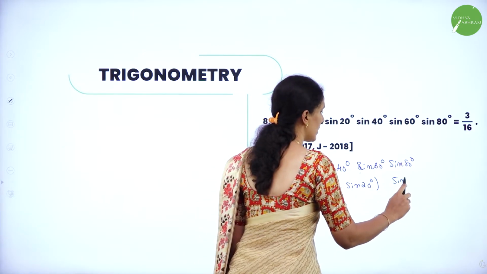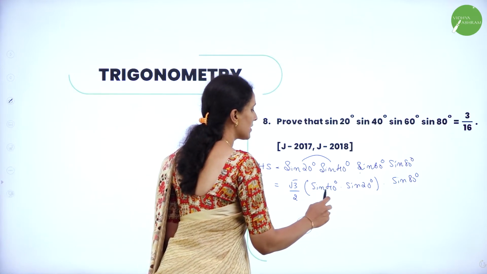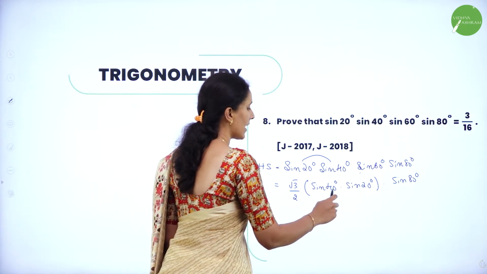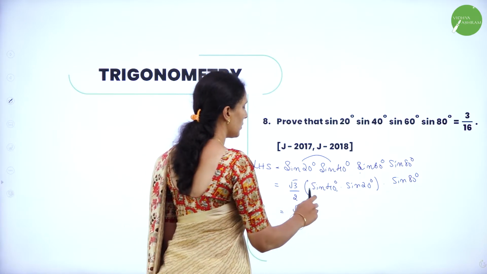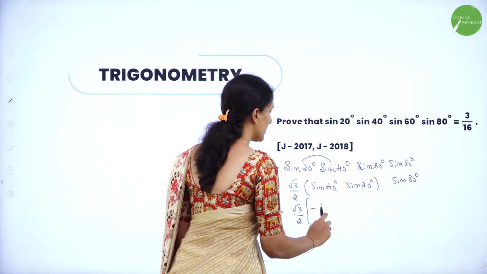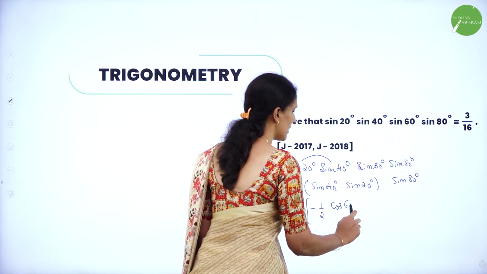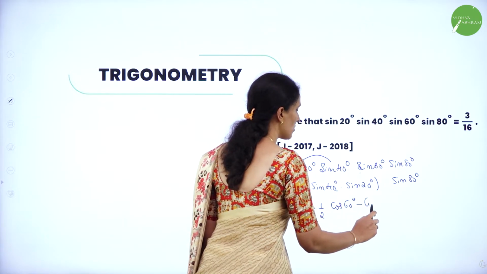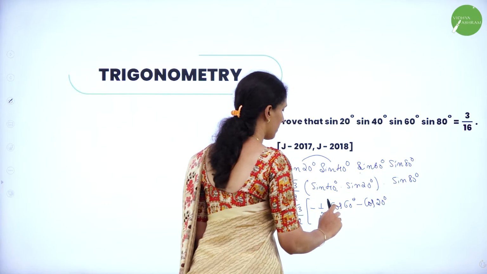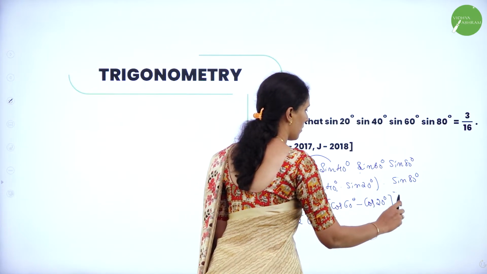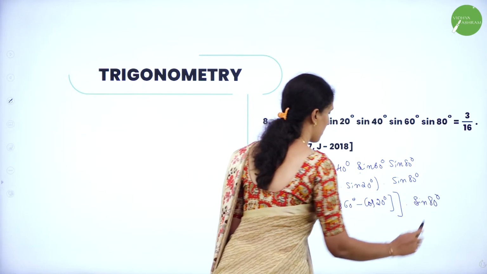So now this is in the form of sin A sin B, which becomes root 3 by 2 times minus half into cos(A plus B), which is 60 degrees, minus cos(A minus B), 40 minus 20 is 20 degrees, into sin 80 degrees.